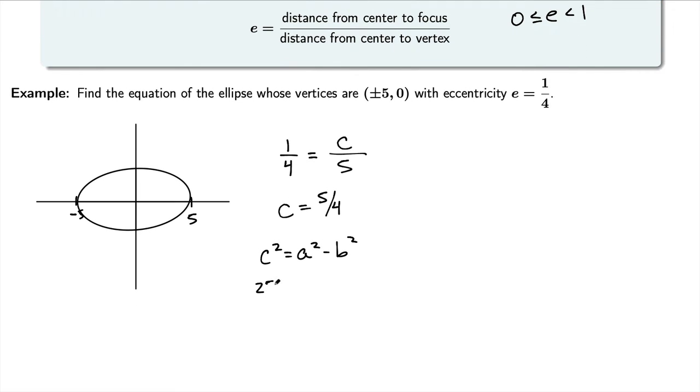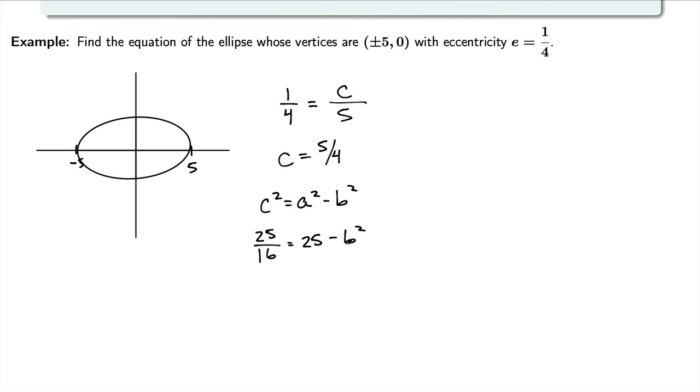So we have 25 over 16, that's C squared, equals A squared, which is 25, minus B squared. Well, if I add B squared over and subtract 25 over 16, I have B squared equals 25 minus 25 over 16.